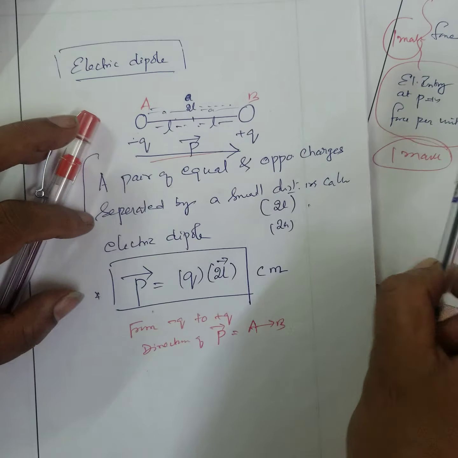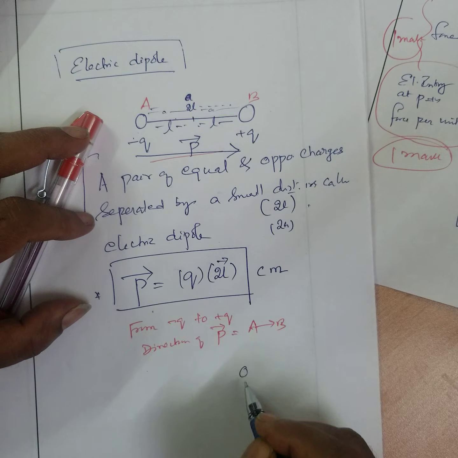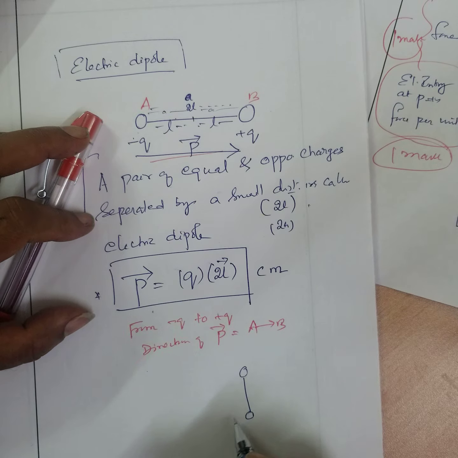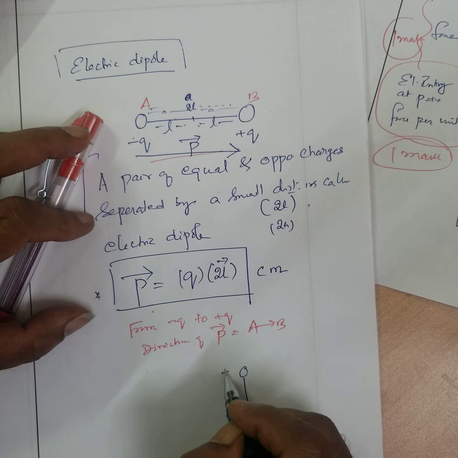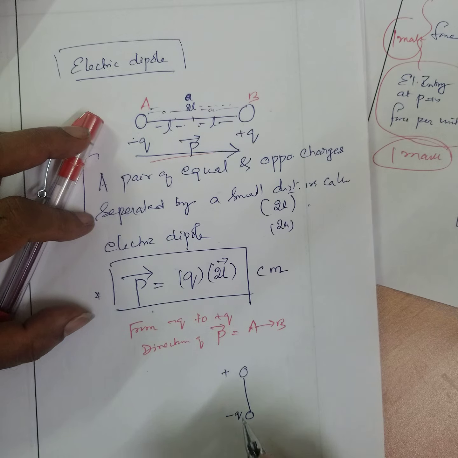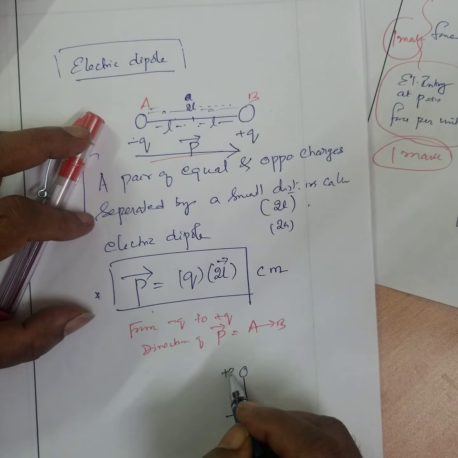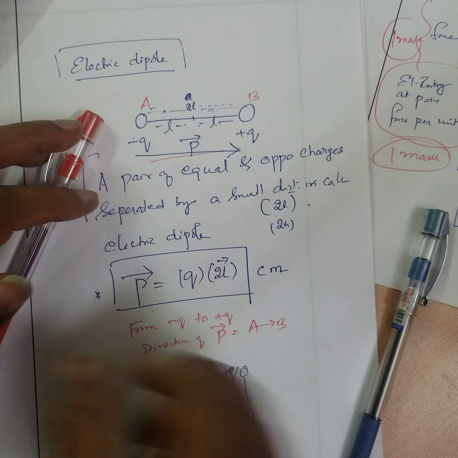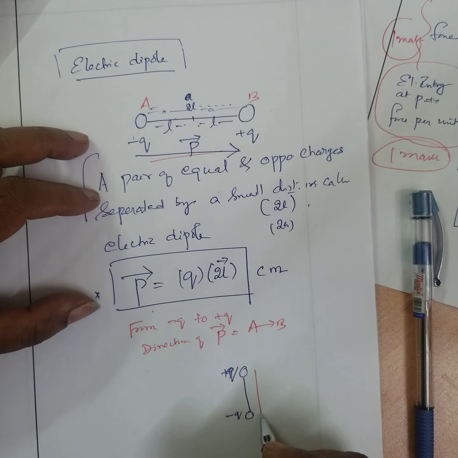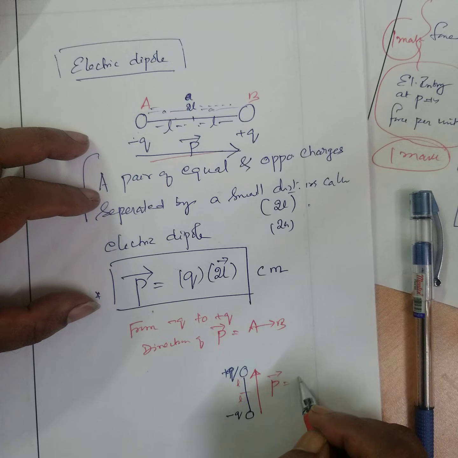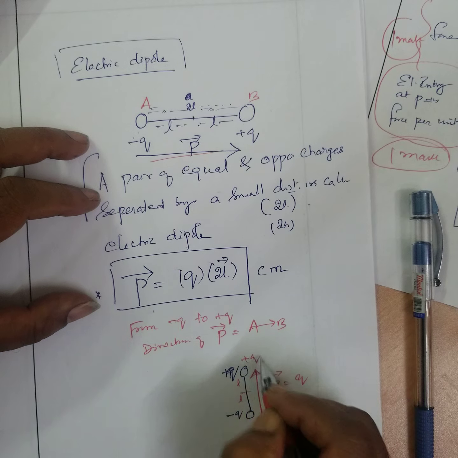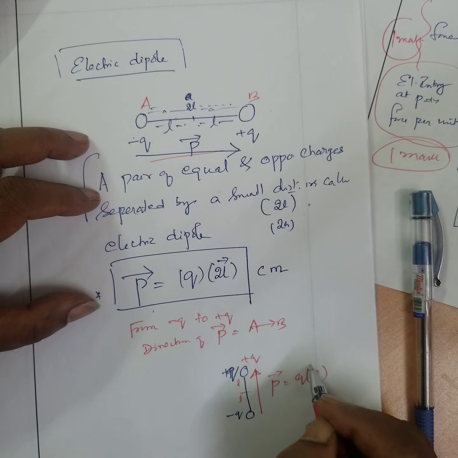Therefore, the vector is this. If I write like this, dipole moment, this is minus Q and plus Q. Which direction? From negative to positive. Electric dipole moment is equal to charge times 2L.